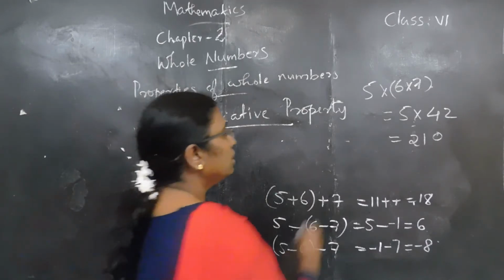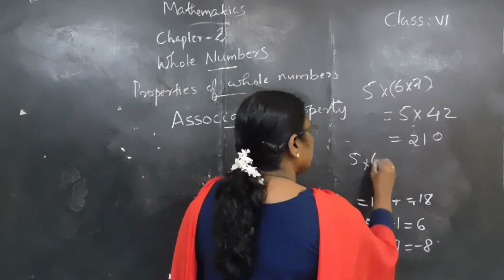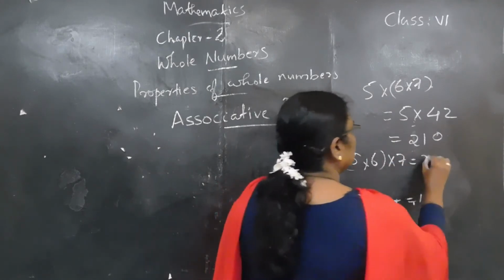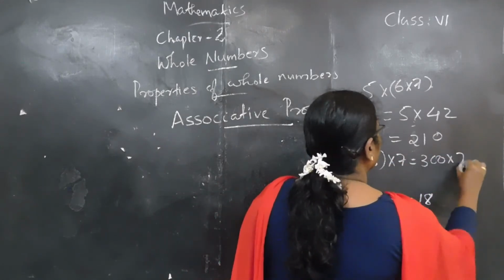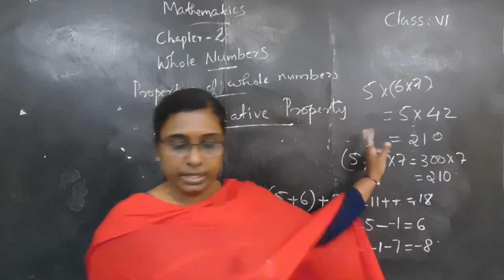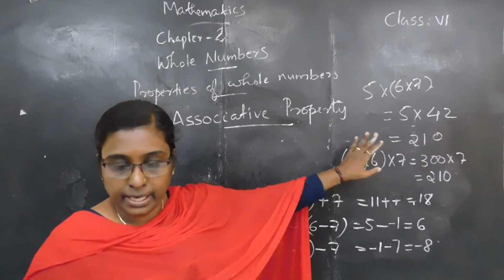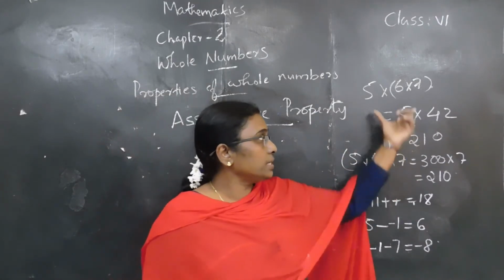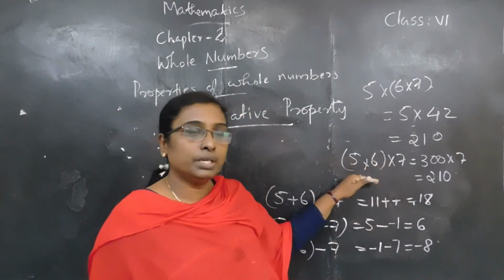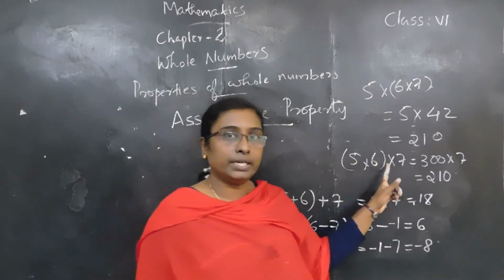Then 5 into 6 is 30, and 30 into 7 equals 210. The answer will be the same. So, for multiplication, three whole numbers can be grouped in any order. That is, the whole numbers are associative for multiplication.